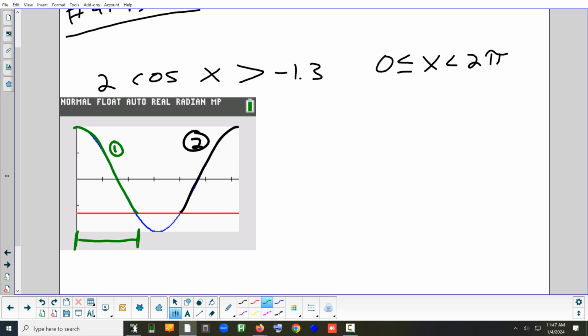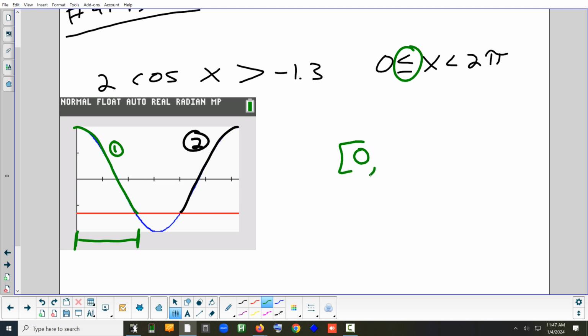So you need to describe that section to me. Where does piece 1 start? 0. It starts at 0. That's the leftmost point. Remember, you're describing the x value. So it starts at 0. Can I include or not include 0? I can include it. So I can include 0.